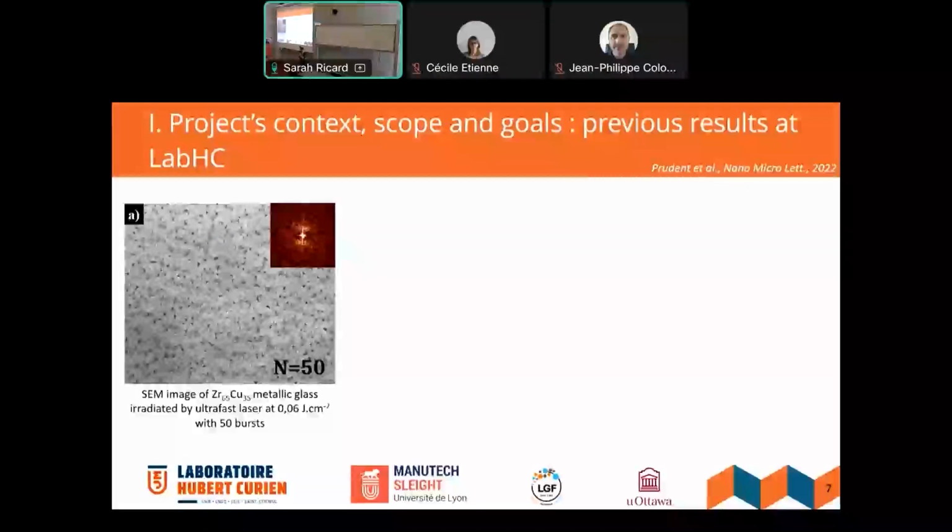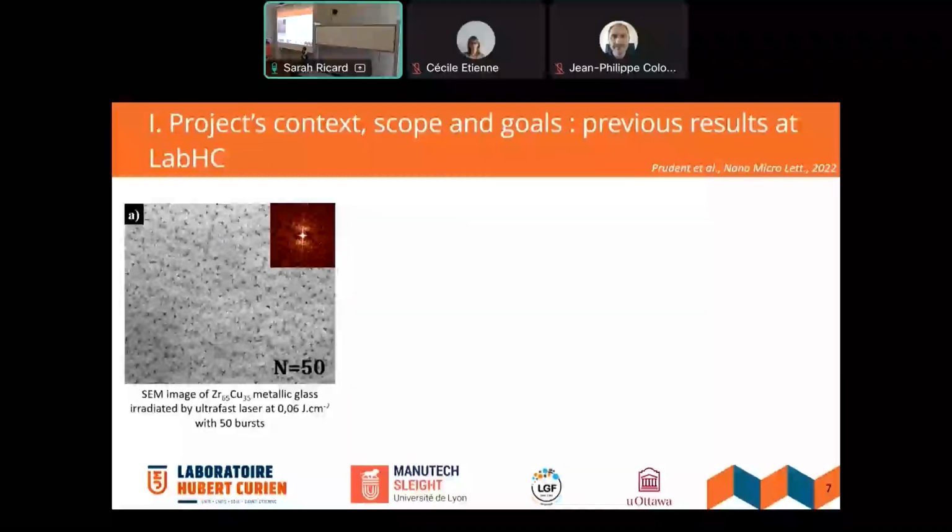Another work that's been done is with metallic glasses. Here, they're working with really low energy flux on the metallic glass, and they get nano holes, or nano wells as they call them.